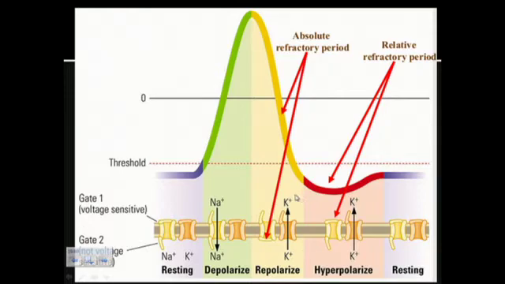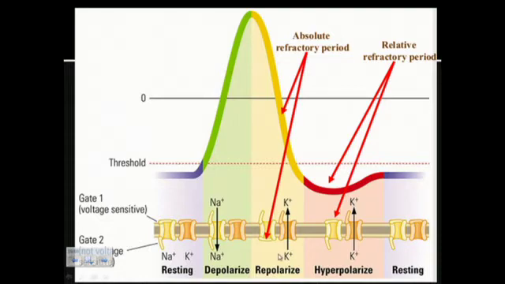This is done in response to the increase of the positive charge inside the neuron. If you remember, potassium ions are positively charged, and so to go with the electrostatic pressure, they now need to be released from the inside of the axon or the inside of the membrane to the extracellular side to return to resting membrane potential. So it's called repolarization.